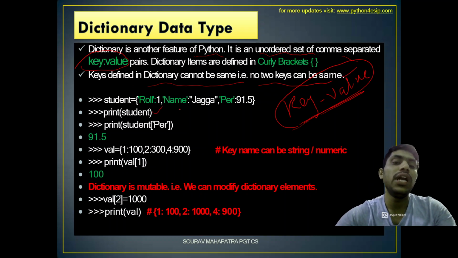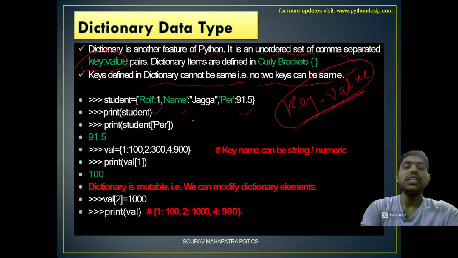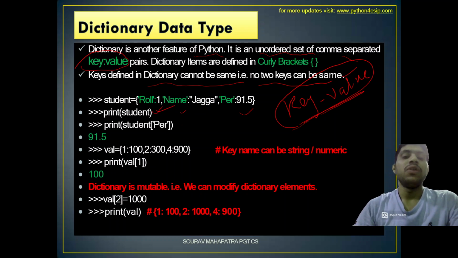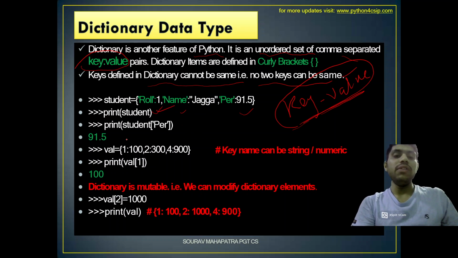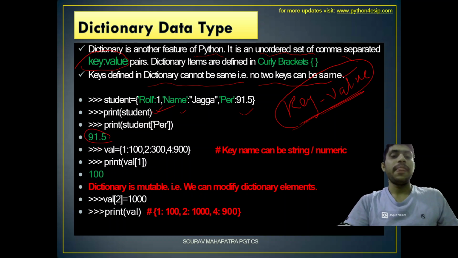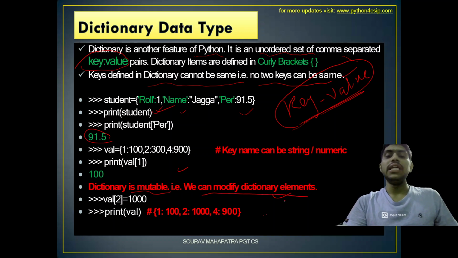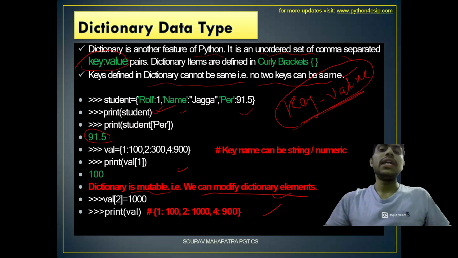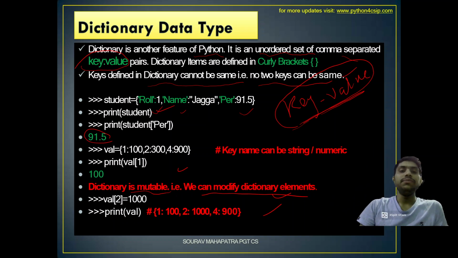Student, roll 1, name, jaga, percentage is 1. When you print student, okay, you get it. If you take only the key, you'll get the value only. You can see here. Okay, dictionary is mutable. We can modify the dictionary elements.